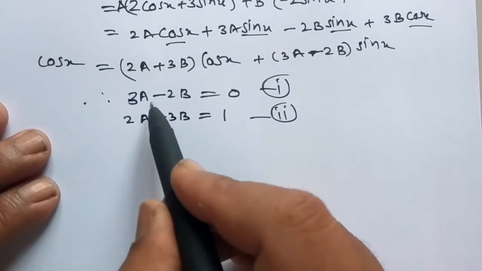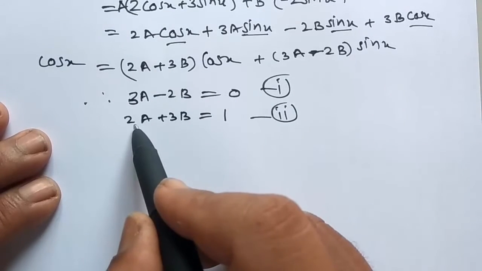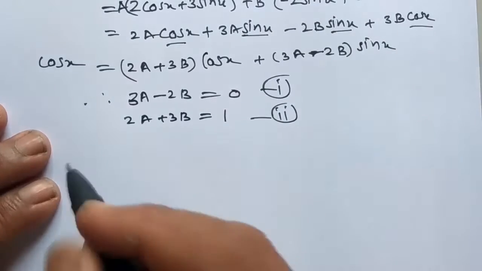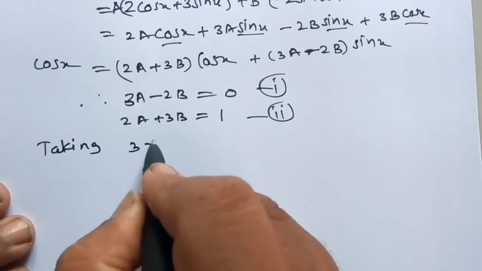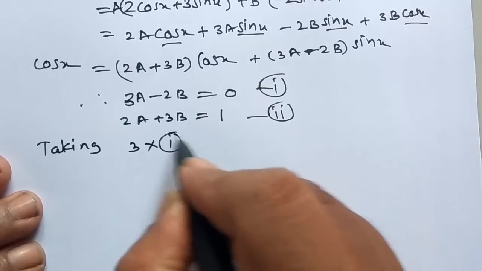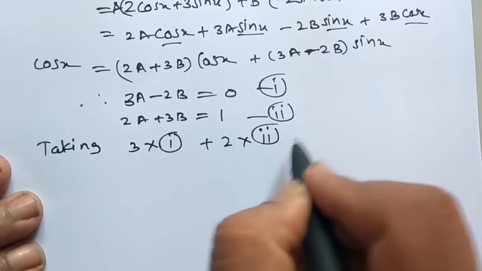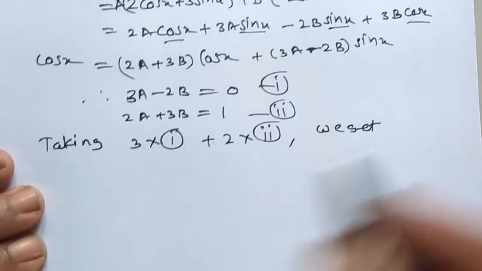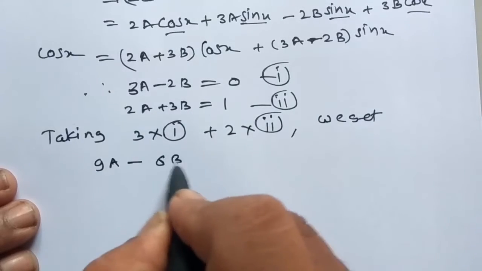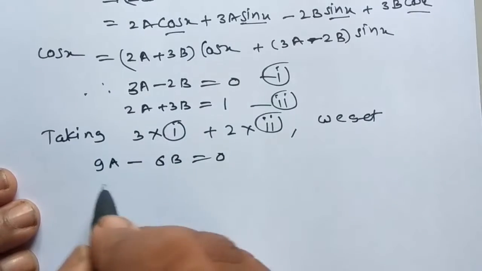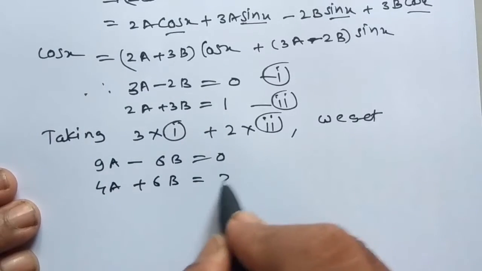Now in order to get the values of a and b, we multiply equation 1 by 3 and equation 2 by 2 and add. Therefore taking 3 into equation number 1 plus 2 into equation number 2, we get 9a minus 6b is equal to 0, and 4a plus 6b is equal to 2.